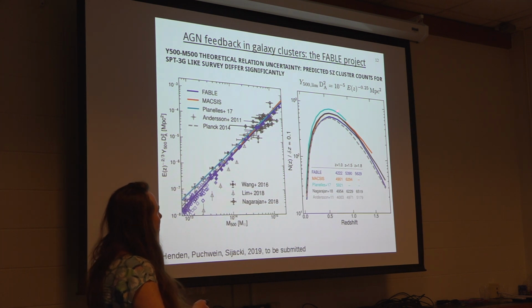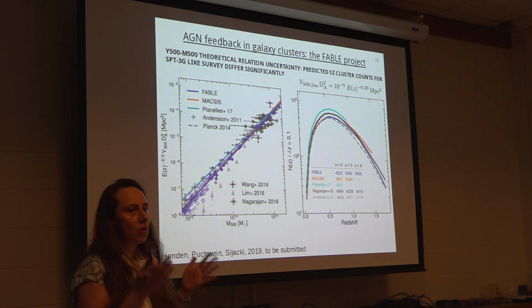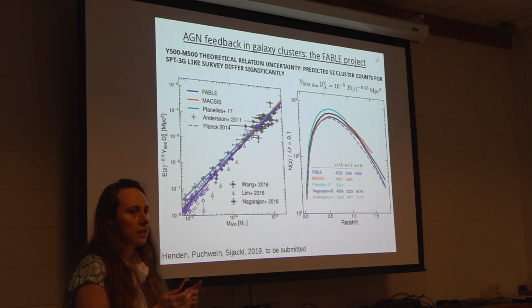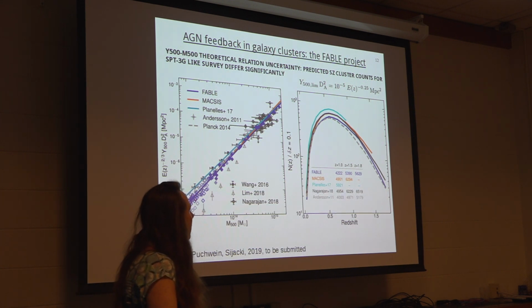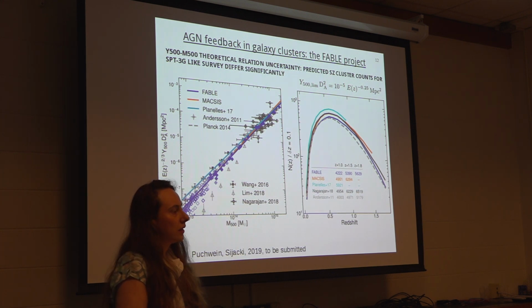So some is our own stuff, which is the blue lines, some is from other theoretical predictions, some is from expectations based on current observations that obviously don't probe the low mass end of clusters that the future surveys will do. And here what you can see is that there is actually considerable uncertainty in predicting this number.